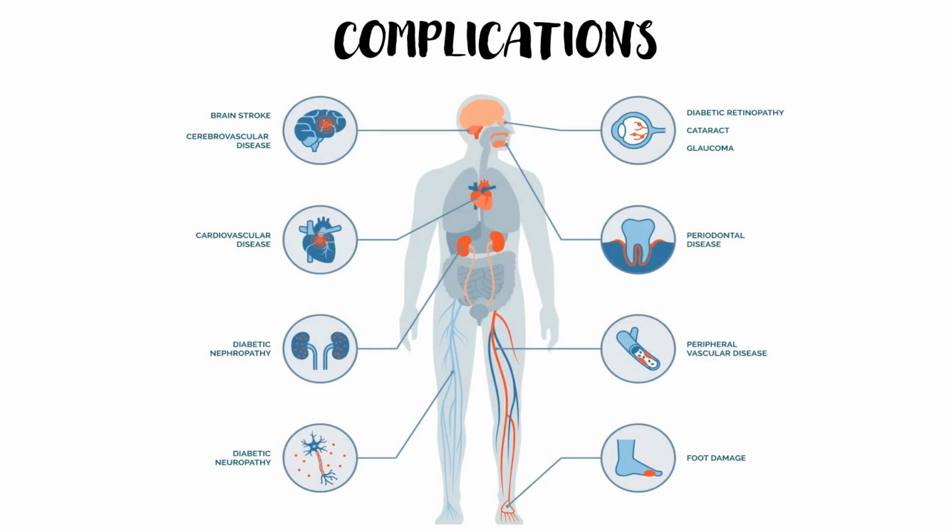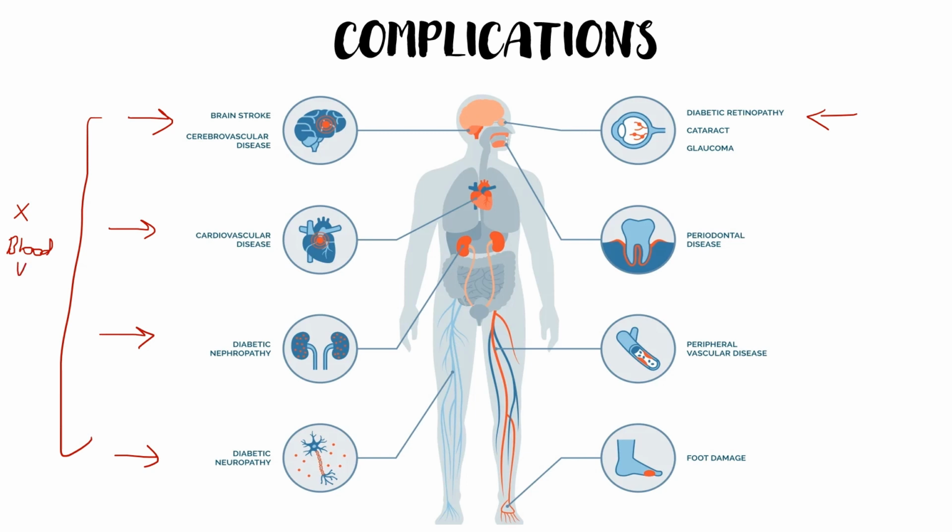Diabetes comes with many complications. For example, brain stroke, cardiovascular diseases, diabetic nephropathy, diabetic neuropathy, and diabetic retinopathy. All of these occur when there's a damage to the blood vessels and the nerves.